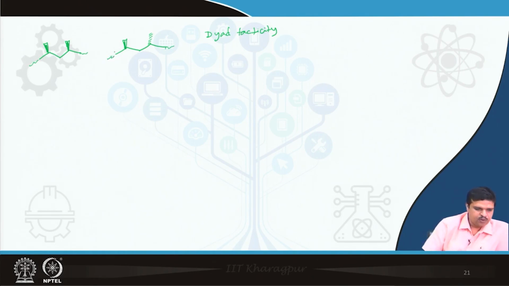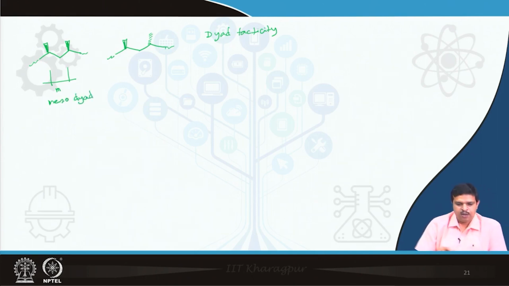Now, if we represent it as a line, this is M, meso. In the middle it is CH2. So, this is called the meso dyad. And then the opposite one: these two methyl groups are in the opposite orientation.